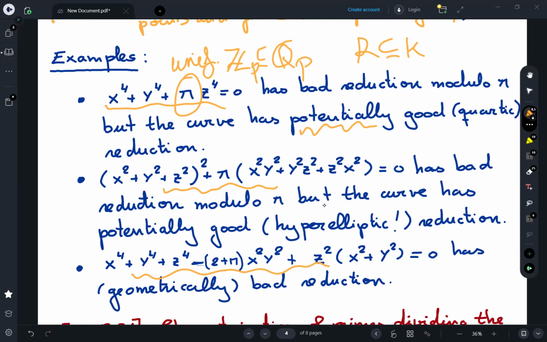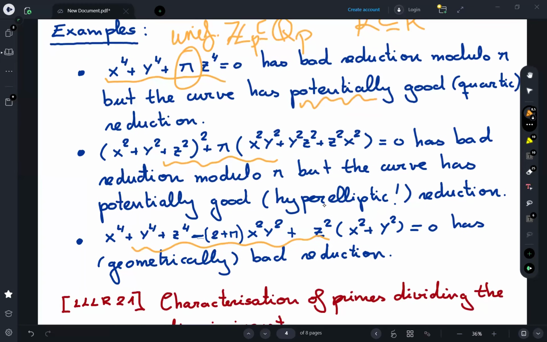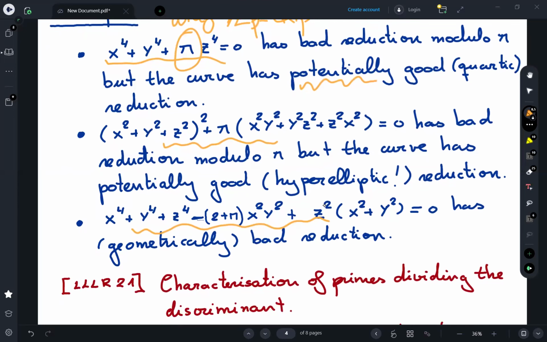And this was in a paper with some collaborators, with Lercier, Liu, and Ritzenthaler, where we characterized, when you have a plane quartic and you look at the primes that appear in the discriminant, when you actually have potentially good quartic reduction, when you have potentially good hyperelliptic reduction, and when, whatever you do, you get bad reduction. So there is no way to get a good model.